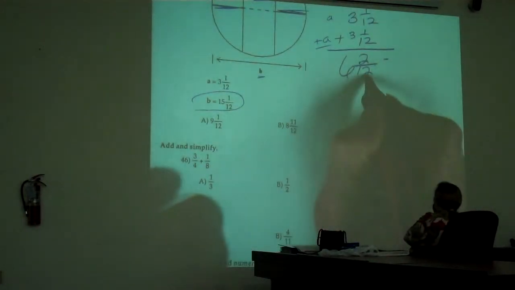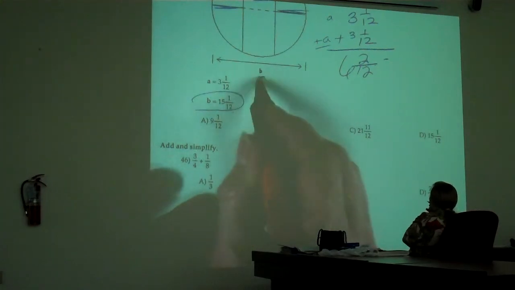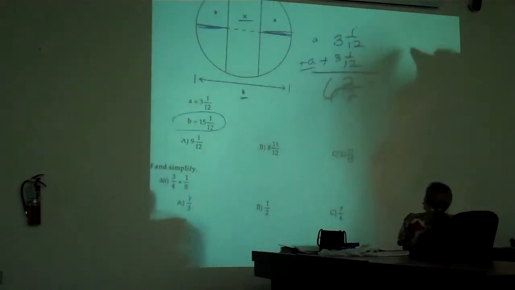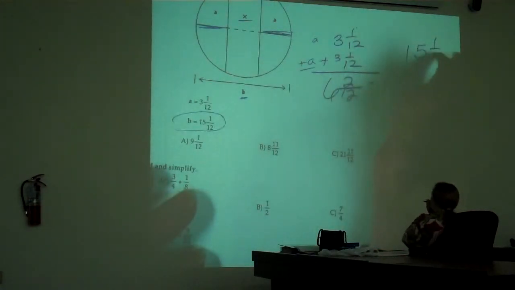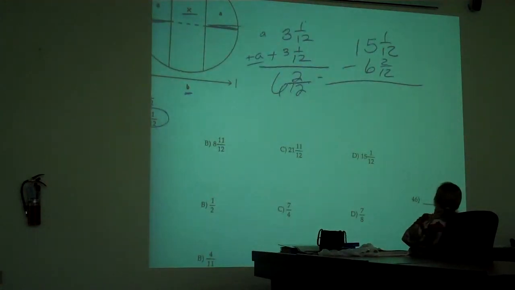What are we going to do with this? Subtract it from B, right? B minus when we added the 2 A's. Okay, is that big enough? You're going to borrow.